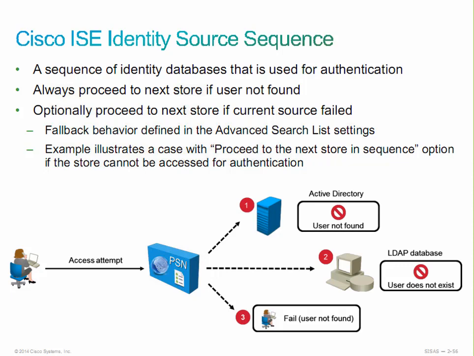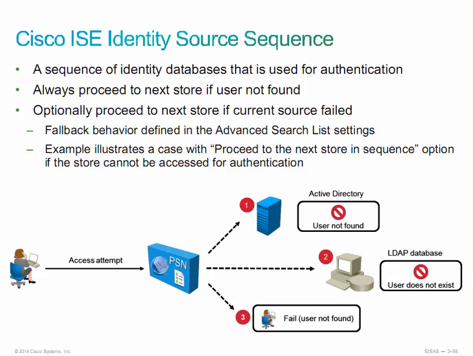In this particular example, we're seeing an identity source sequence of three different databases: Active Directory, LDAP, and then the internal database. The user is not found in the AD database. So ISE then proceeds to search through the second data source, but the LDAP server is not responding.